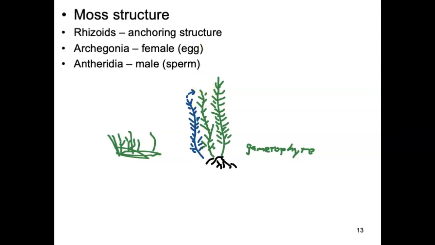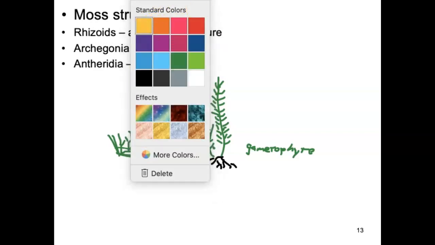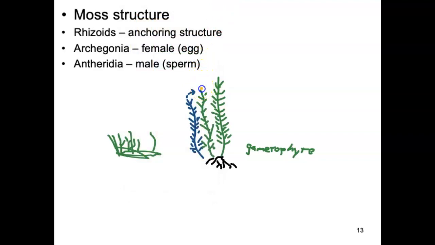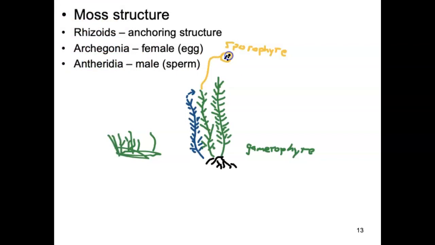Fertilization happens. If fertilization occurs, then a structure known as the sporophyte will grow up out of the moss. So that little structure there is the sporophyte. And within the sporophyte, we will see the production of spores.